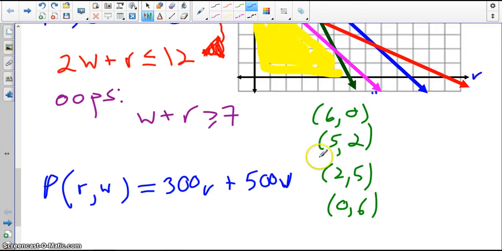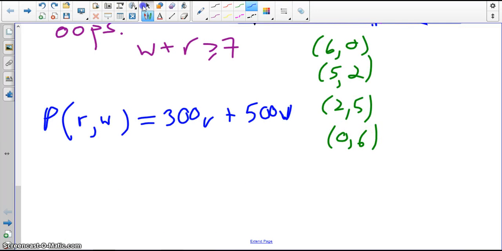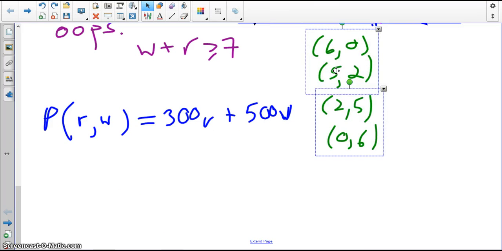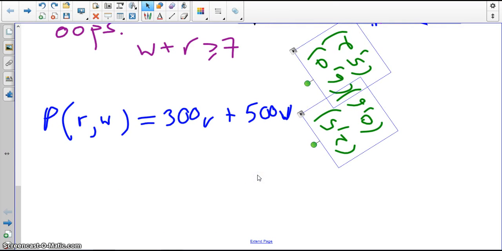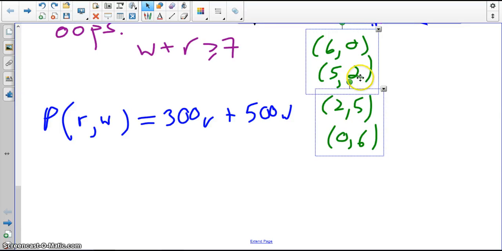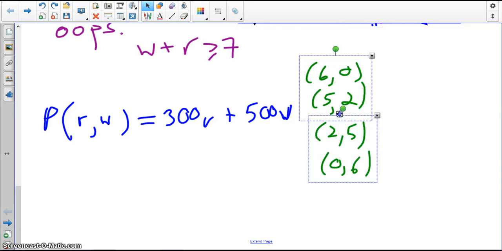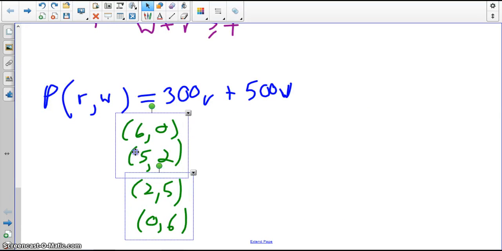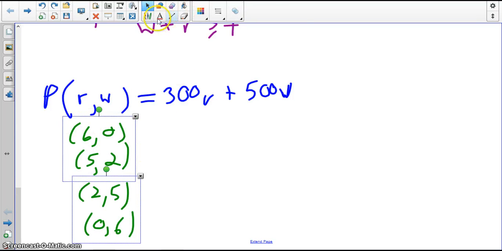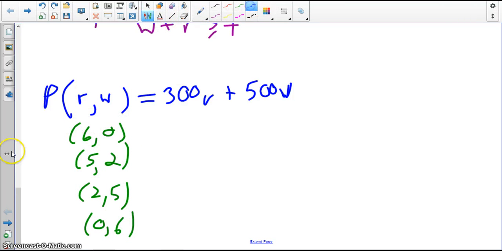And so last but not least, the last 2 things, we know what the vertices are. We plug them in. Oops, that's not what I meant to do. We have the 4 vertices, and then we're just going to do P equals, and since we're running a little low on time, I've only got a couple more minutes, I want you guys to try to do this, so maybe pause it and make sure you get it right.